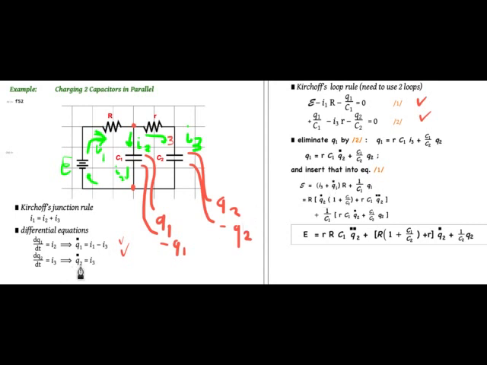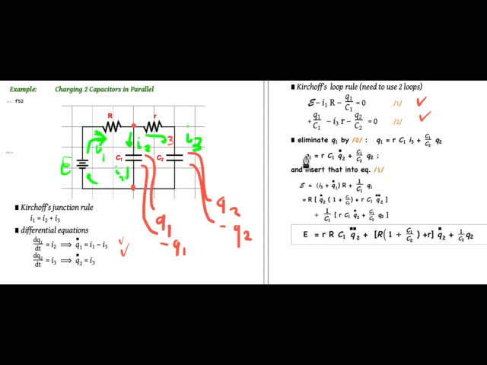Okay, now I3 is Q2 dot. So I'll put in place of I3 Q2 dot. I have Q2 dot times R. Let me factor out a factor of R. I have Q1 dot times R, or factoring out the R, Q1 dot times 1, Q2 dot times 1. I also have Q1 dot times R, but I factored out the R, so I'll have Q1 dot.